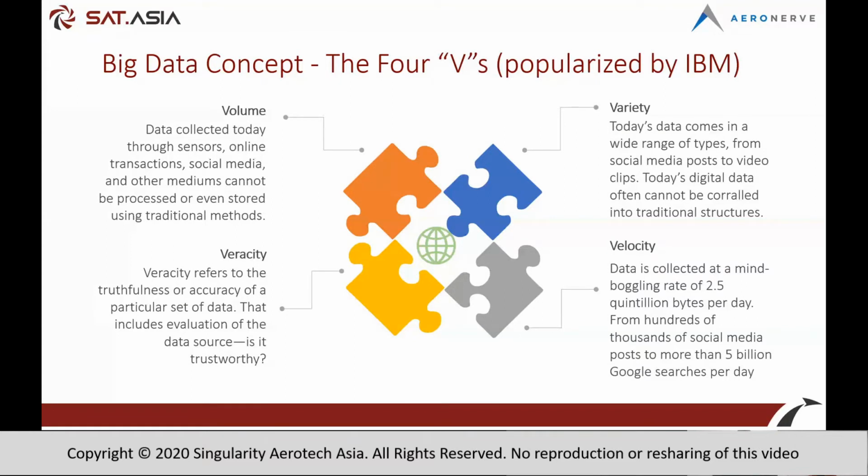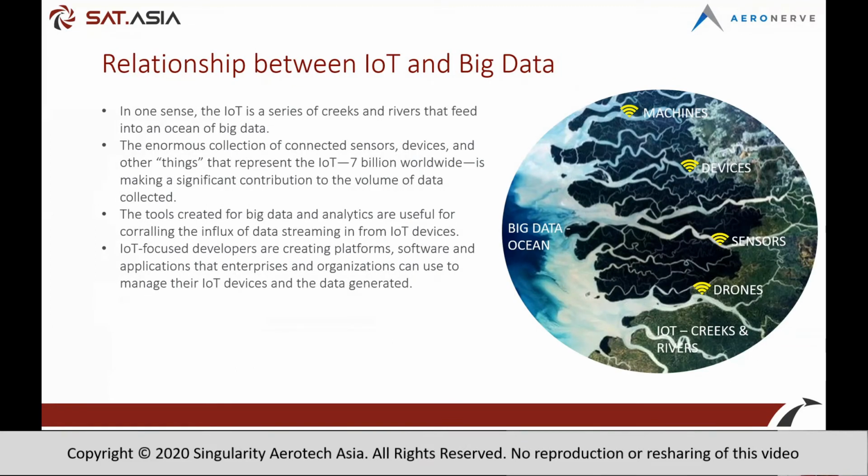And this 4V basically defines the term big data. Okay, I like this analogy to explain the relationship between big data and IoT. In one sense, you can imagine IoT as a series of creeks and rivers that feed into an ocean of big data.